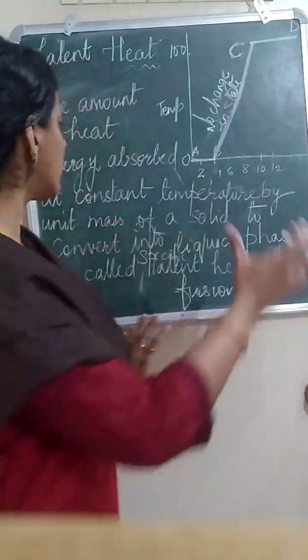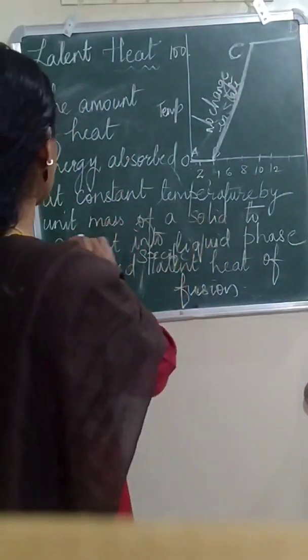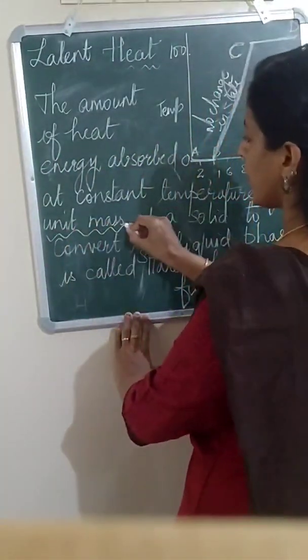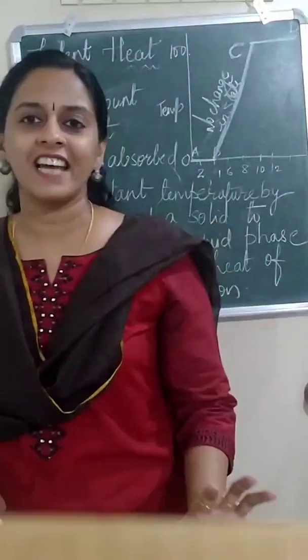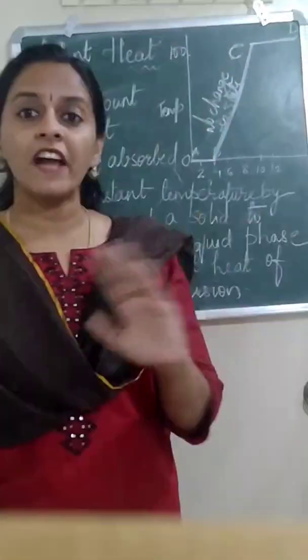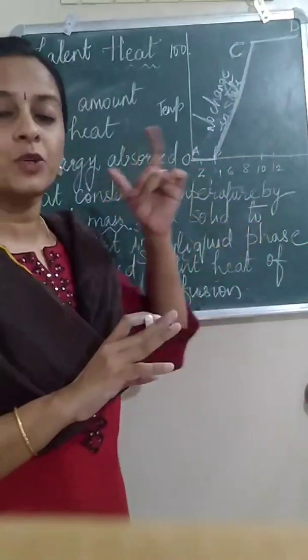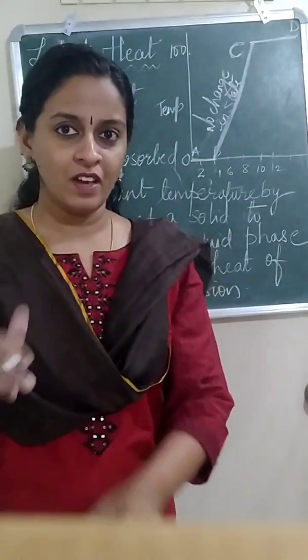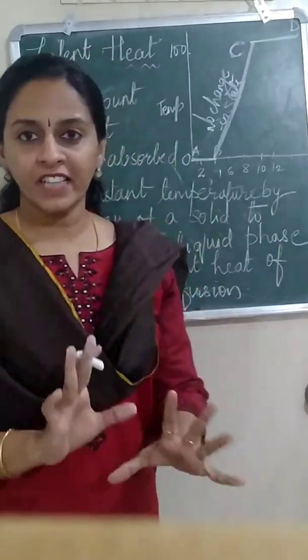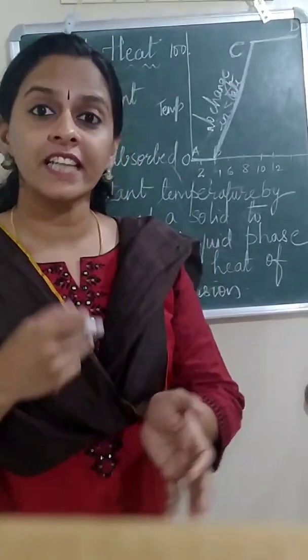When you are not using the word unit mass, you can just write it as latent heat of fusion. When are you using specific? When you specify the unit mass of solid. Understood the definition? Okay.